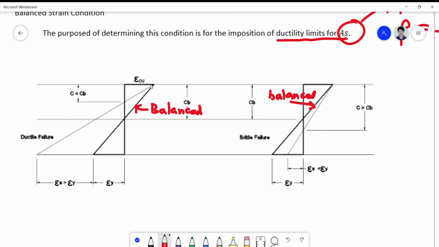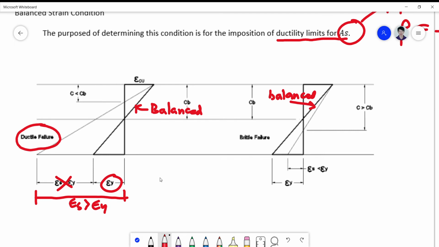When your strain diagram falls outside the balance condition such that your epsilon s is greater than or equal to epsilon y, you have a ductile mode of failure.